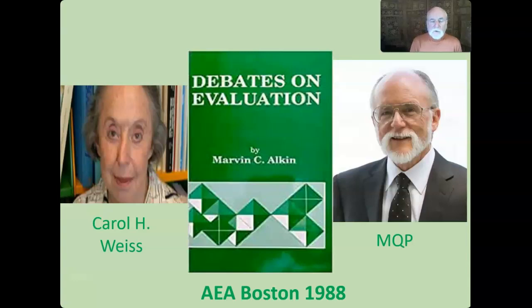And when Marv Alkin assembled a group of people to talk about the status of evaluation, that was one of the issues we debated. The debate ended up coming down to the fact that we were operating in different ecological niches. Carol Weiss was operating in the national political environment of Congress, of major policy making, and a congressional national context.